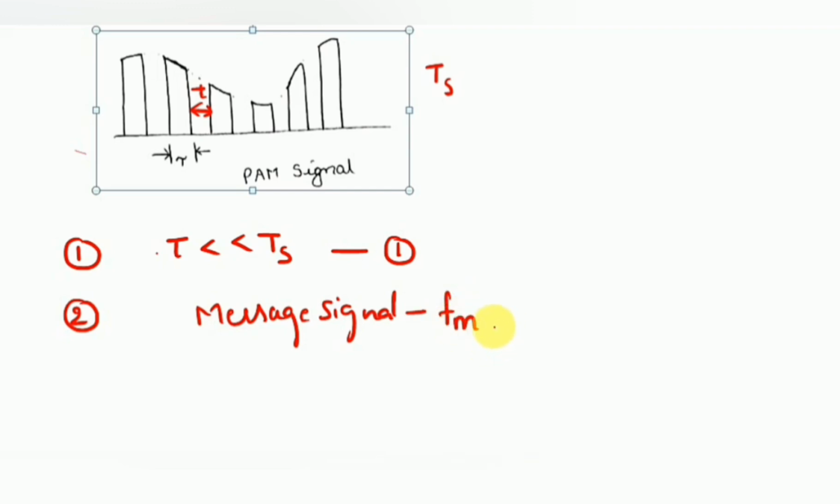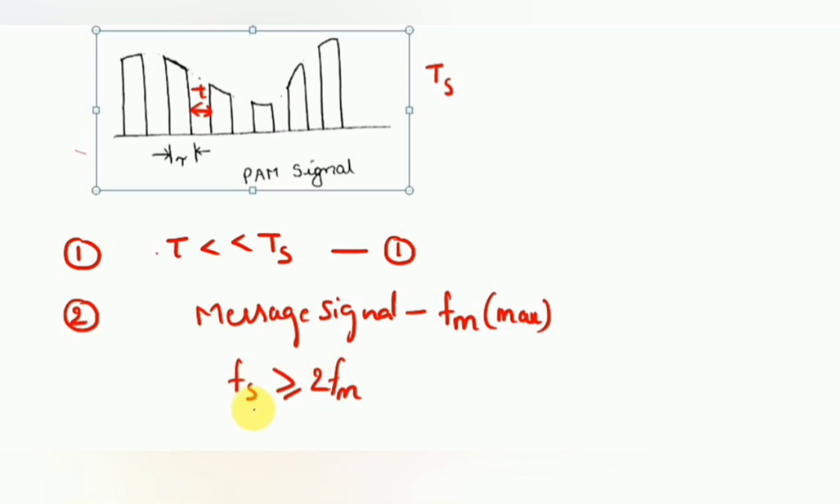Now, since the signal looks like a sampled signal, the relation between the sampling frequency and the maximum frequency, from the sampling theorem, is that the sampling frequency is always greater than or equal to twice the maximum frequency. Here Fm is nothing but the maximum frequency of the signal. So we can write Fs is greater than or equal to 2Fm.